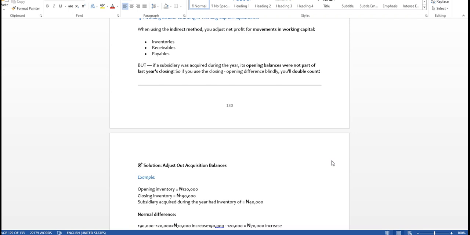Am I right? Yes, sir. Now, the asset I acquired, my closing balance is now showing 20 million. Ordinarily, if I'm to do the changes, I am to do 20 million minus opening balance of 5 million. That will give me the changes in my inventory. Closing balance minus opening balance. Am I right? Yes, sir.